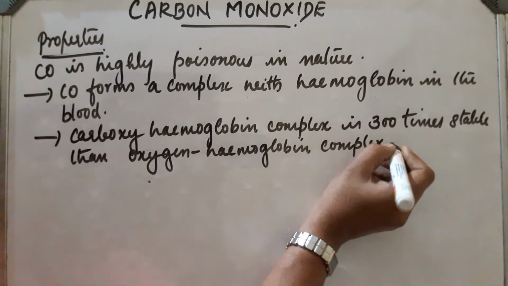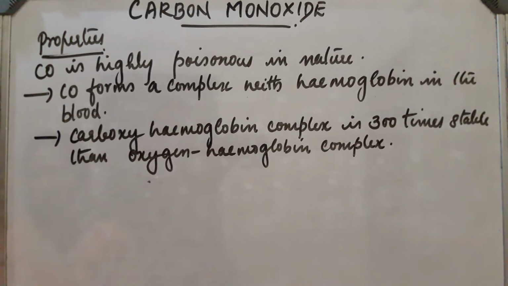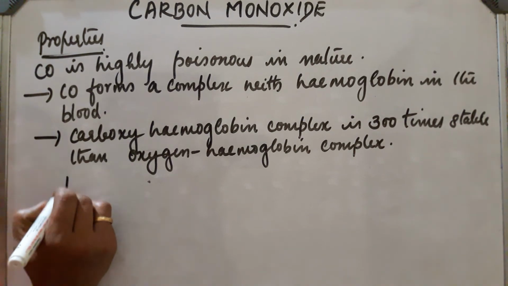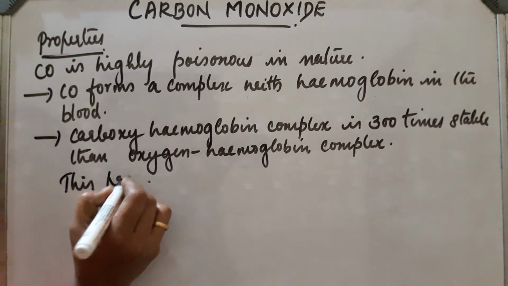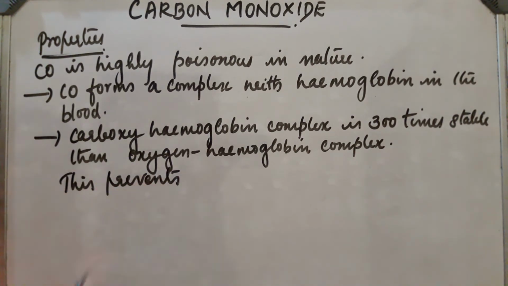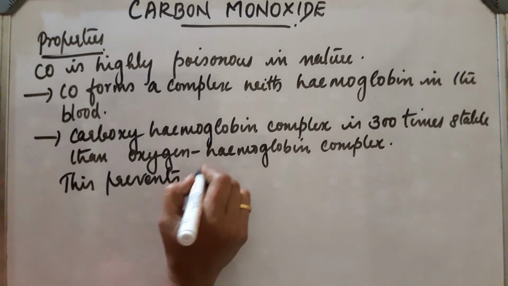So this carboxyhemoglobin complex prevents hemoglobin in RBC from carrying oxygen around the body.